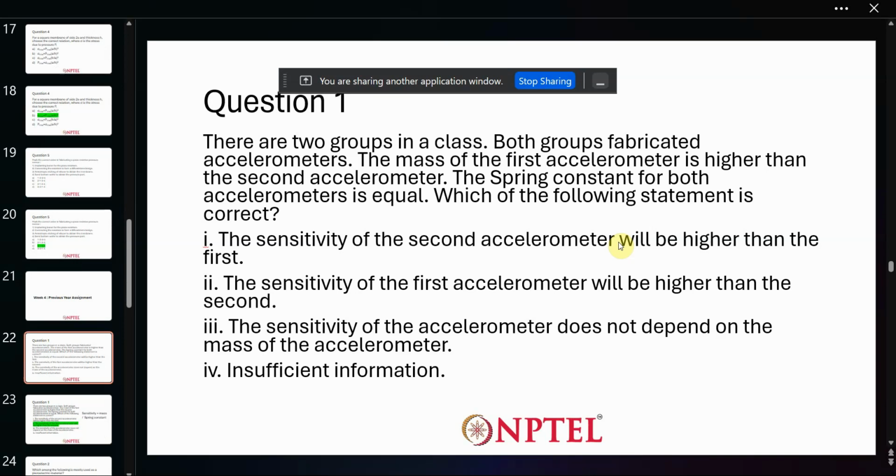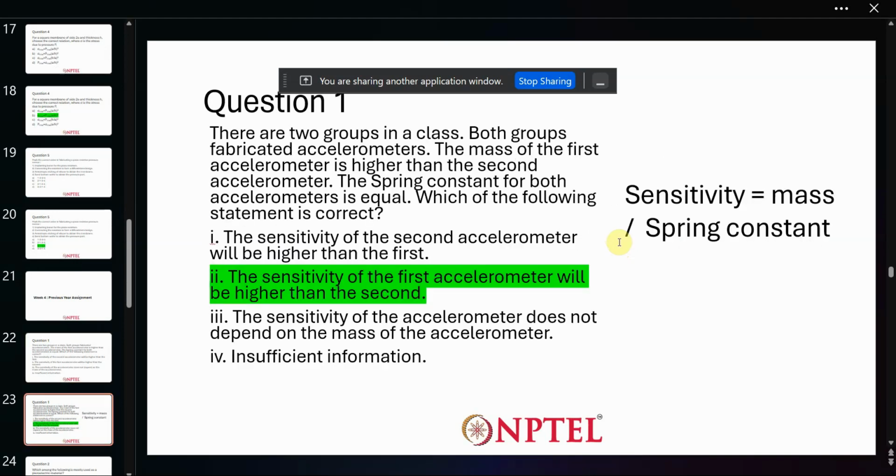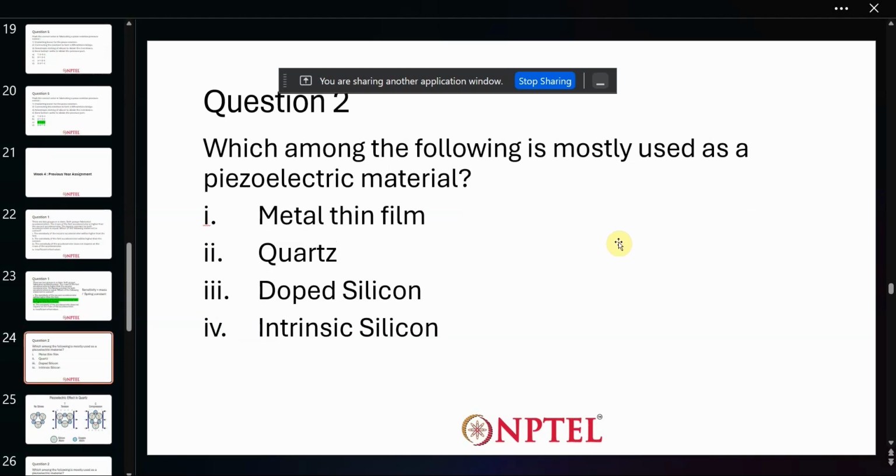It is asking whether there is a relation between the sensitivity of the accelerometer and the mass. Since the spring constant is constant for both accelerometers, what changes is the mass. The formula for sensitivity is mass upon spring constant. So the higher the mass, the higher the sensitivity. The sensitivity of the first accelerometer will be higher than the second one.